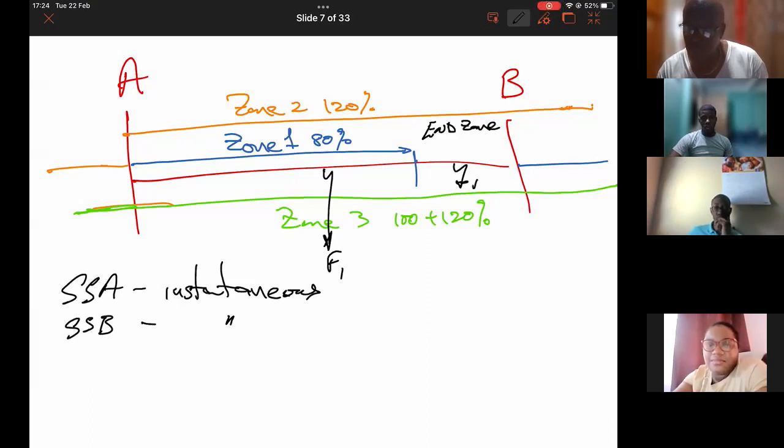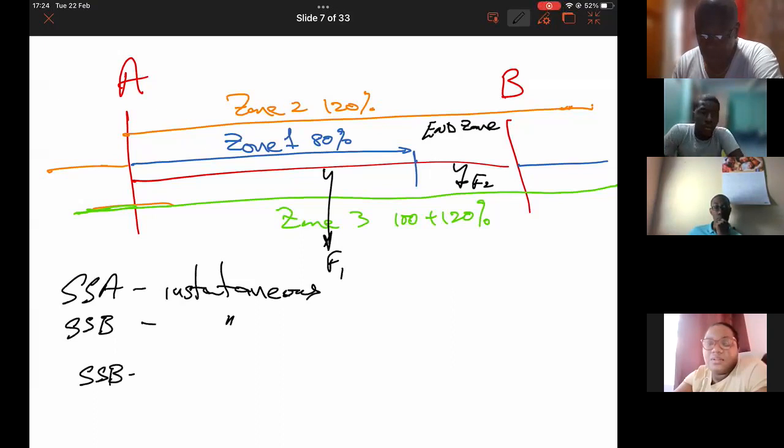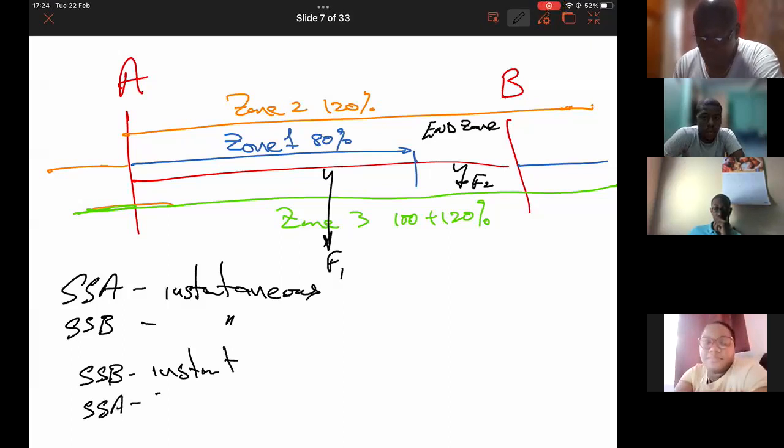For fault F2, which is up here, substation B would be instantaneous. However, substation A would see it as zone 2. You with me? So this would have the 200 to 300 millisecond time delay because it is seeing it in the zone 2 setting.